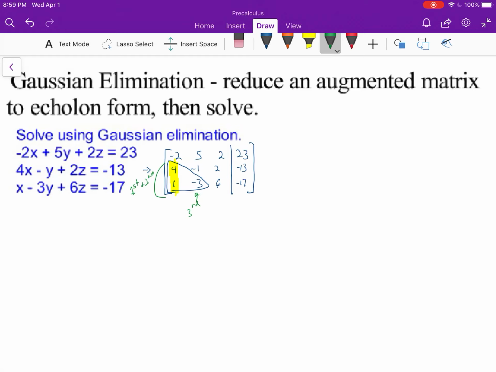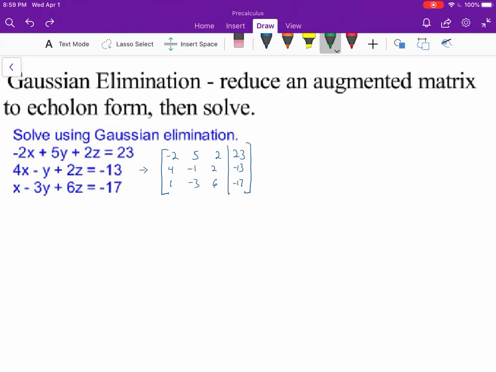I'm going to get rid of some of that stuff that I just wrote there so it's not messing us up. All right, so let's start by getting this 4 to be a 0. It's similar to elimination that we learned in the past.